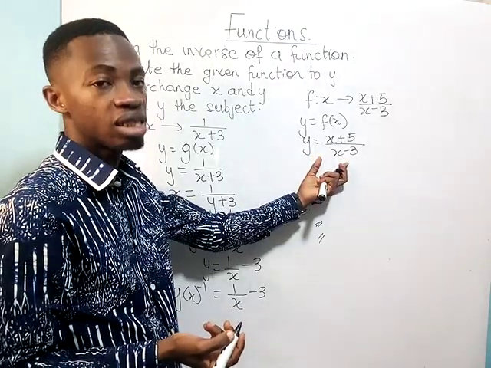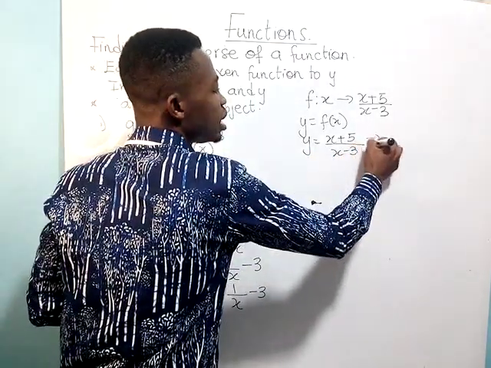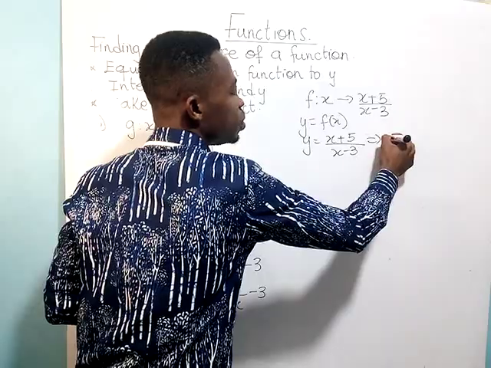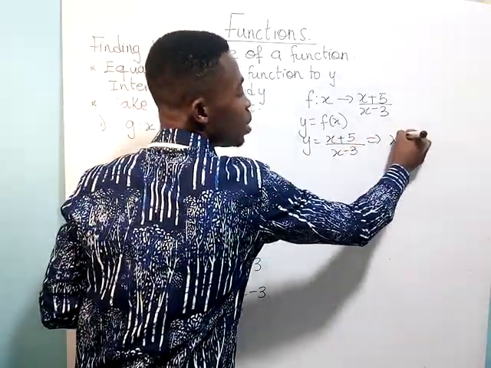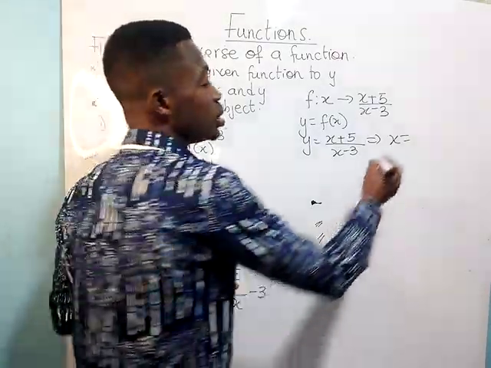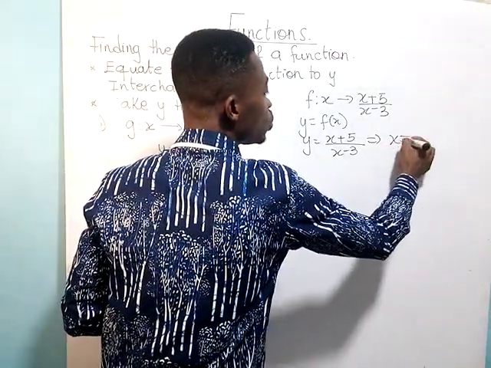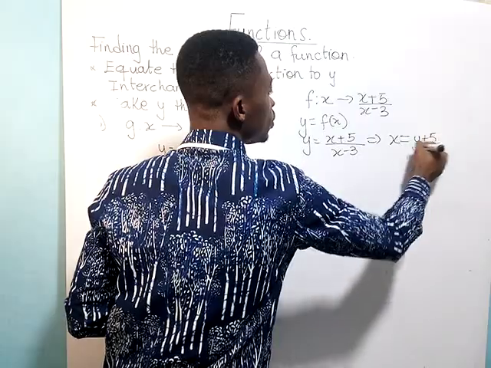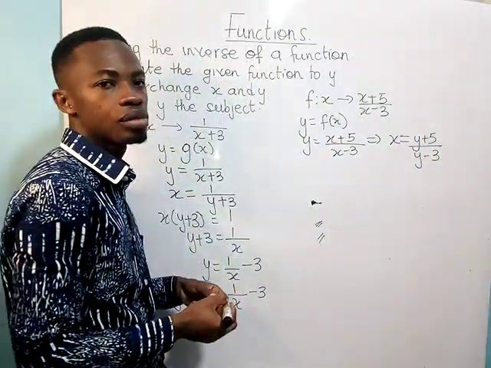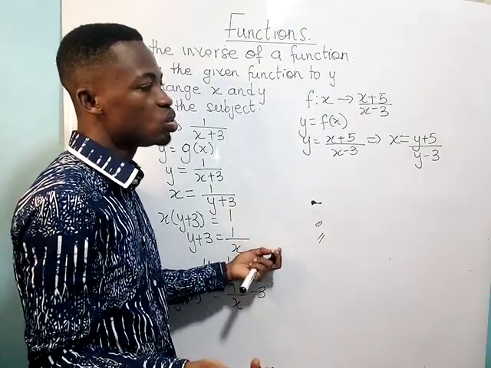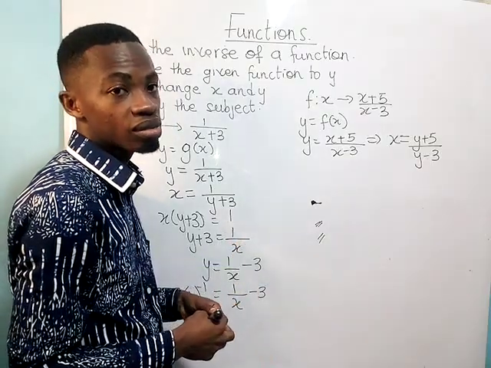Here, we interchange. So interchanging will give us, when we see y, we write x, and when we see x, we write y. x is equal to y plus 5 on y minus 3. The next thing to do is to make y the subject.